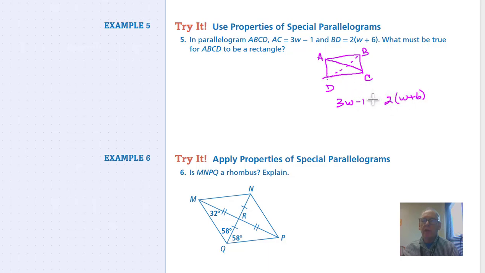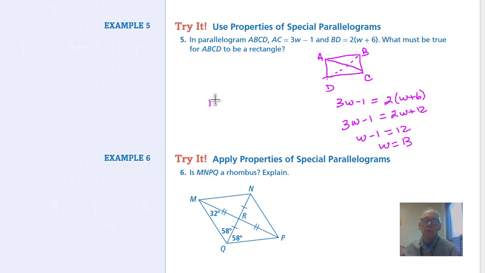Now, if this is a rectangle, those two diagonals are going to be equal to each other. So I can set them equal to each other in algebra. This gives me 2w plus 12 with the distributive property on the right, which has to equal 3w minus 1 on the left. Take 2w away from both sides. We have w minus 1 equals 12. Add 1 to both sides, w equals 13.